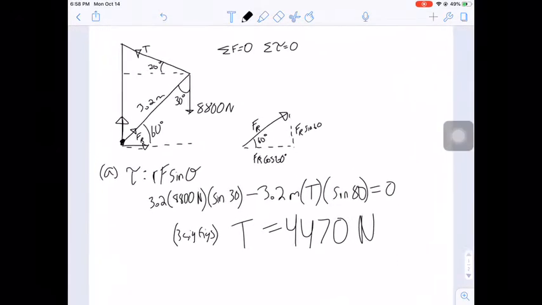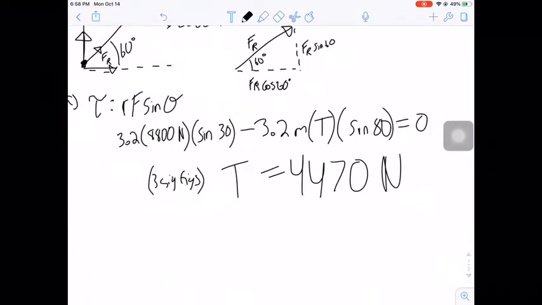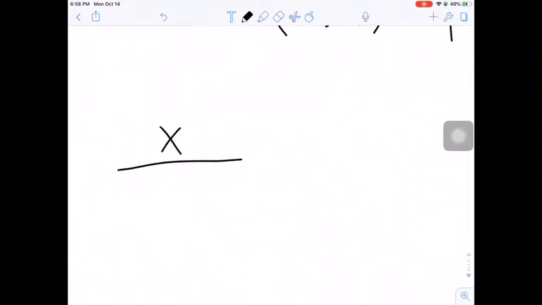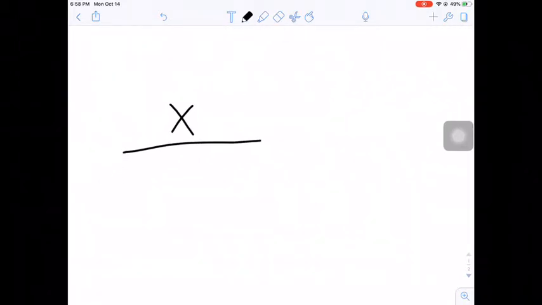Now we can do our force equations. You could have done the force equations first, and then the torque equation, but I don't think it would have mattered. First we deal with the x and the y separately.